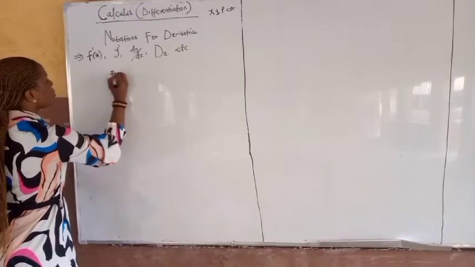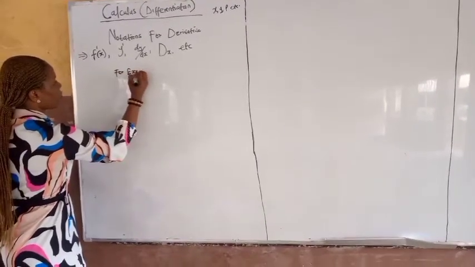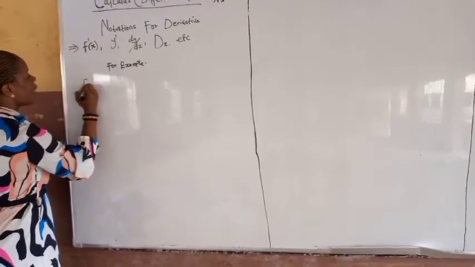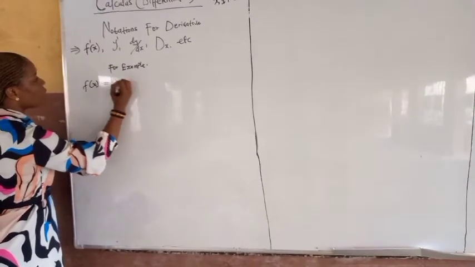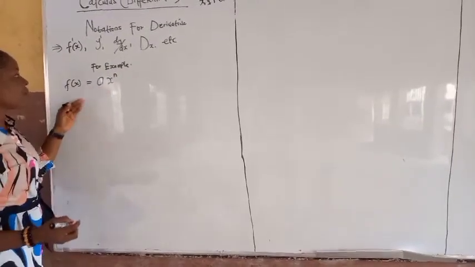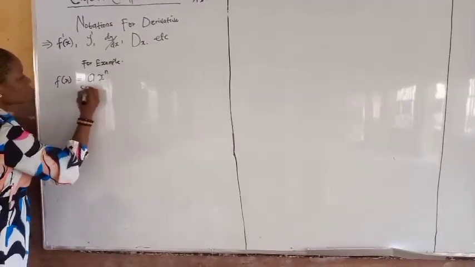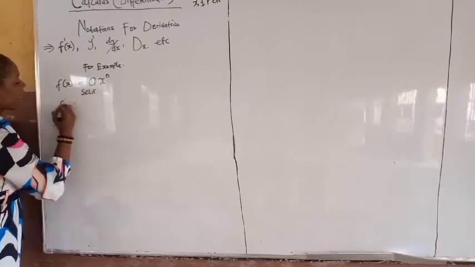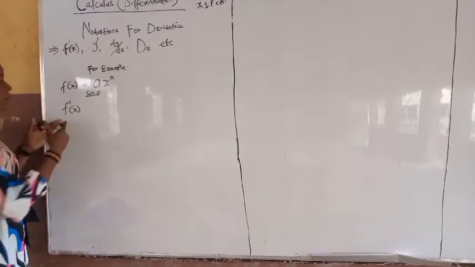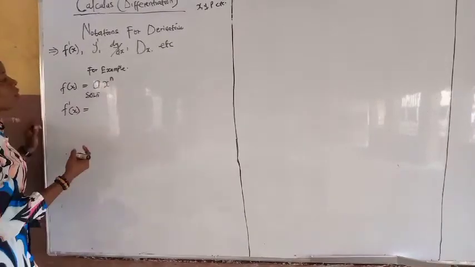For example, I'm giving a function like f of x equals a x raised to the power of n. How can I differentiate this function? First and foremost, I'll write f prime of x; this f prime of x is telling the examiner that I'm differentiating this function. And what am I going to do with the function?